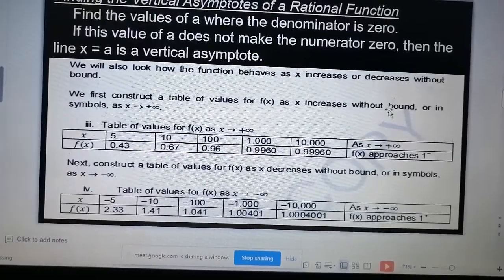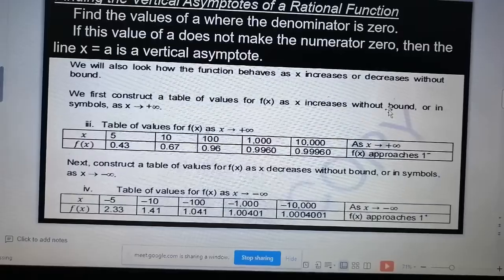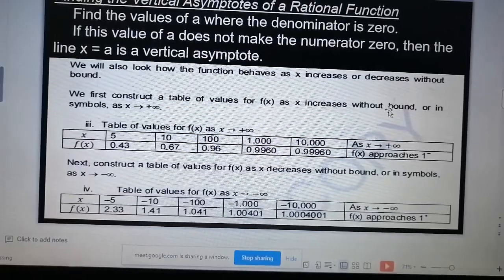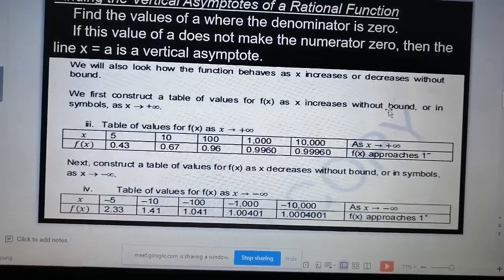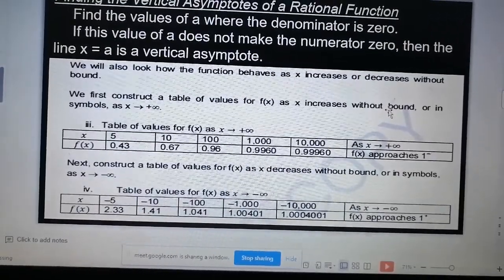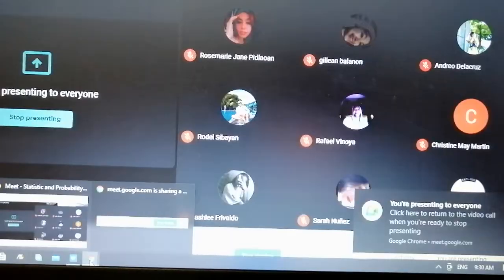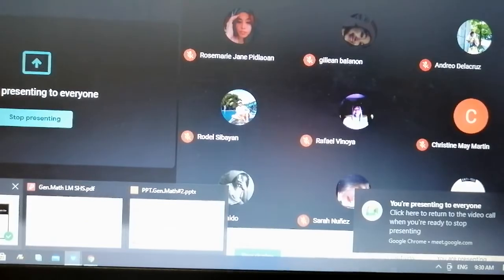Lalabas yun, anak. 0.43. Ay, opo nga. Di ba? Okay, check nyo yung 10 at saka 100. Opo. Okay na. Clear tayo doon kung paano nakukuha, ha?